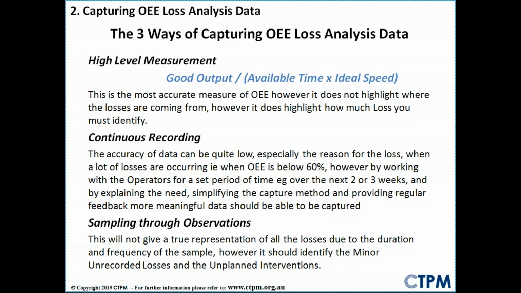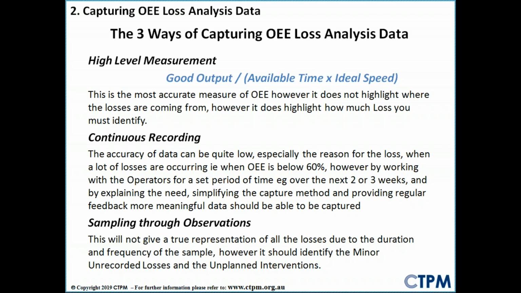Continuous recording. The accuracy of the data can be quite low, especially the reason for the loss, if a lot of losses are occurring, i.e. when OEE is below 60%. And even when you've got automatic recording systems or data collecting systems, the reason for the loss can often not be that accurate because people are too busy running around trying to get the line to work.